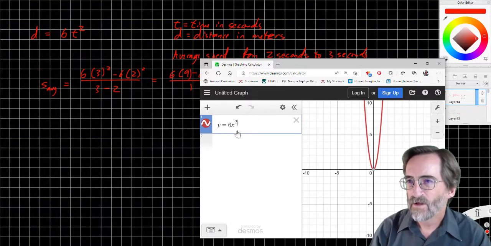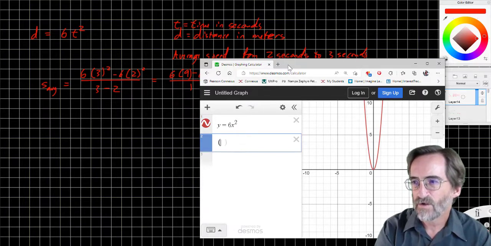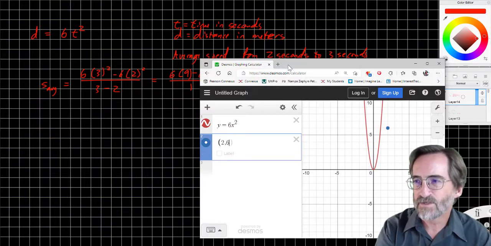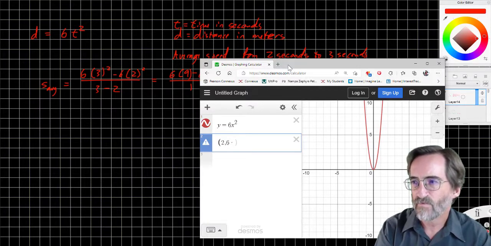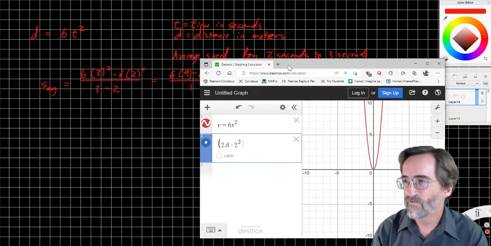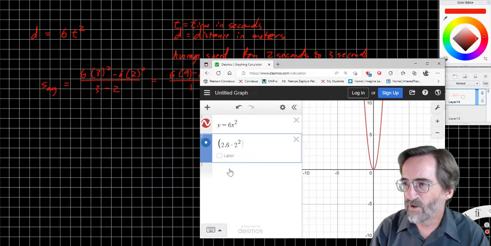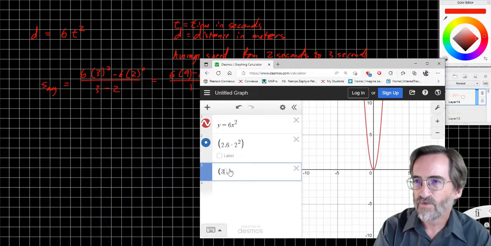And I'm going to plot a couple of points. I'm going to plot 2 and 6 times 2 squared. You'll recognize that as 6t squared. And I'm going to plot 3 and 6 times 3 squared.